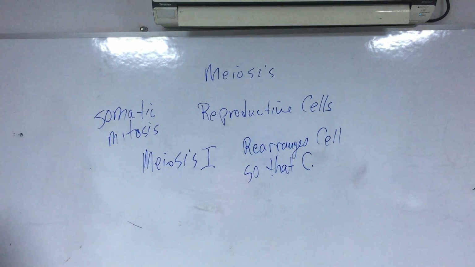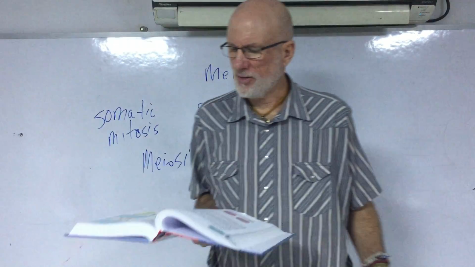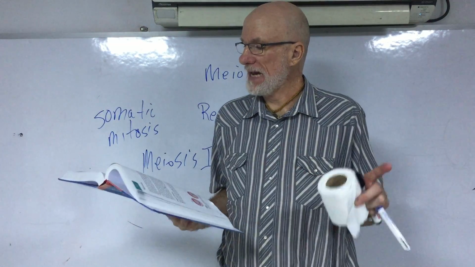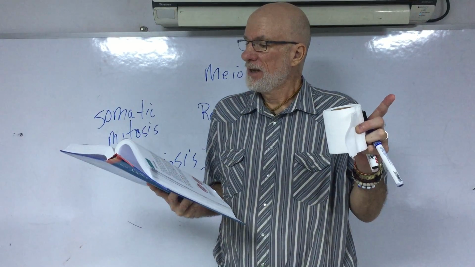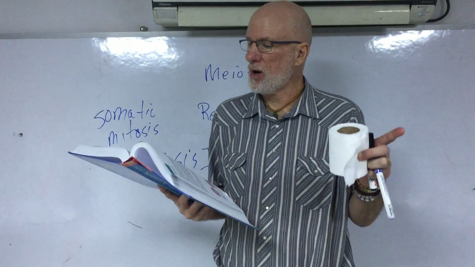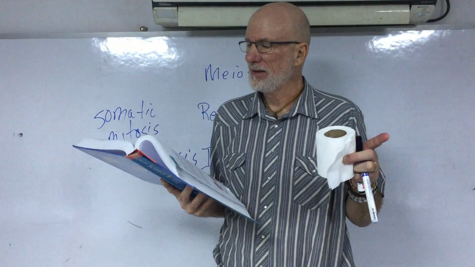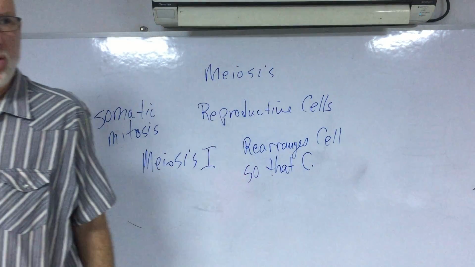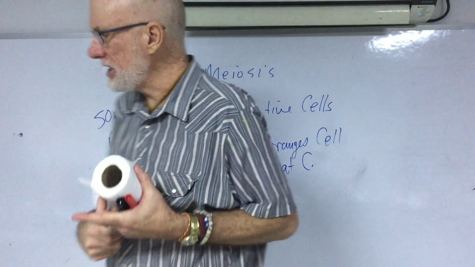All right, let's see. Yeah, it's right here in the book, guys. It says, during the first division, called meiosis 1, homologous chromosomes move to opposite poles of the dividing cell. Isn't that what it says? Yes. Homologous chromosomes.